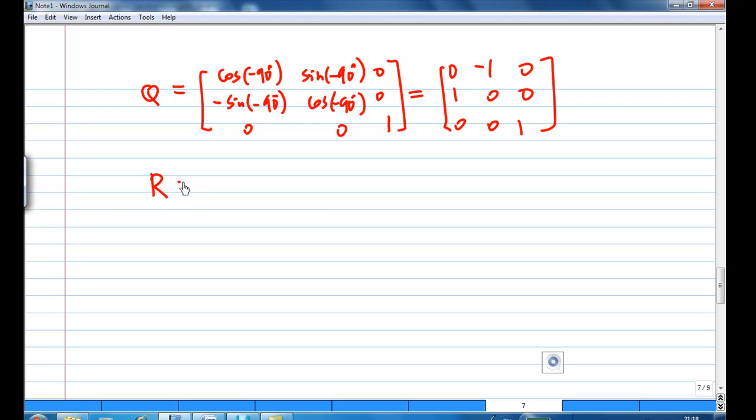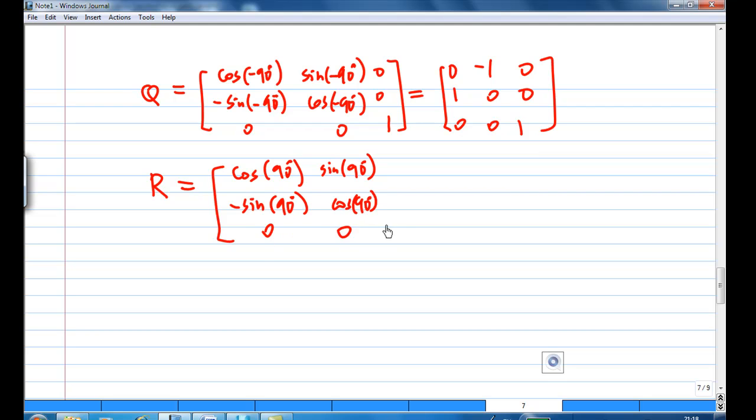And R is almost the same, but now it is a clockwise rotation, so cosine 90, sine 90, minus sine 90, cosine 90, 0, 0, 1, which gives 0, 1, 0; minus 1, 0, 0; 0, 0, 1.